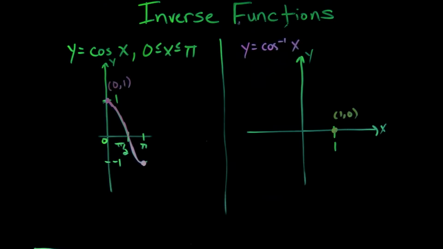Okay, next we have a point at pi over 2, 0 on our cosine graph. Okay, so that's going to translate to the point 0, pi over 2 on our inverse cosine graph.